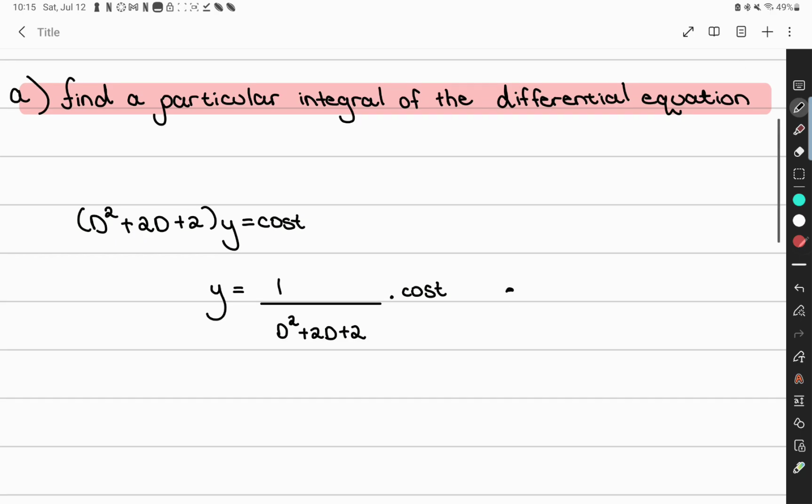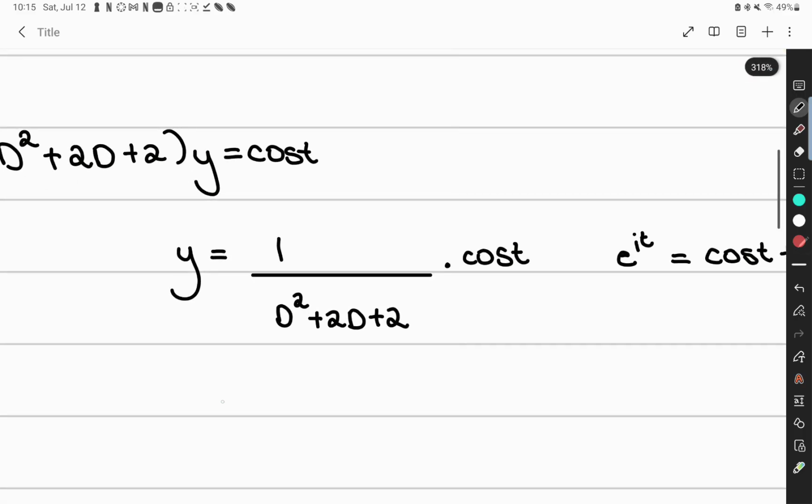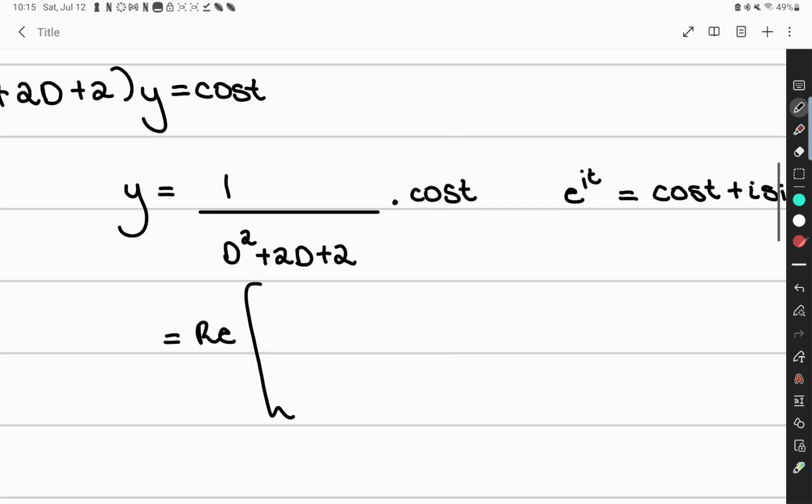We know the identity e^(it) = cos t + i sin t. So cos t will just be the real part of e^(it). So we say it's going to be equal to the real part, which is very important, of 1 over D squared plus 2D plus 2 times e^(it).